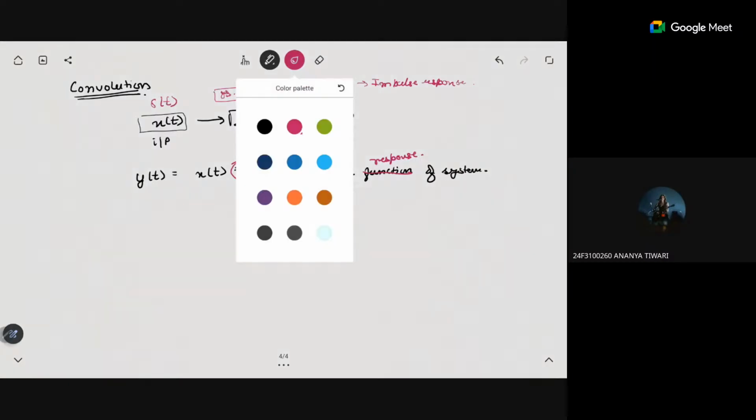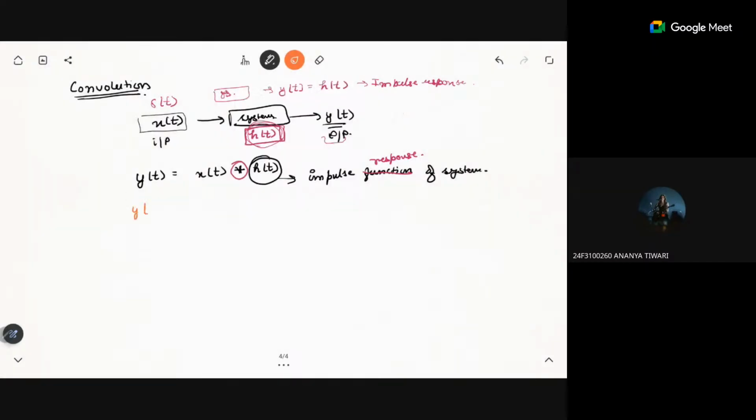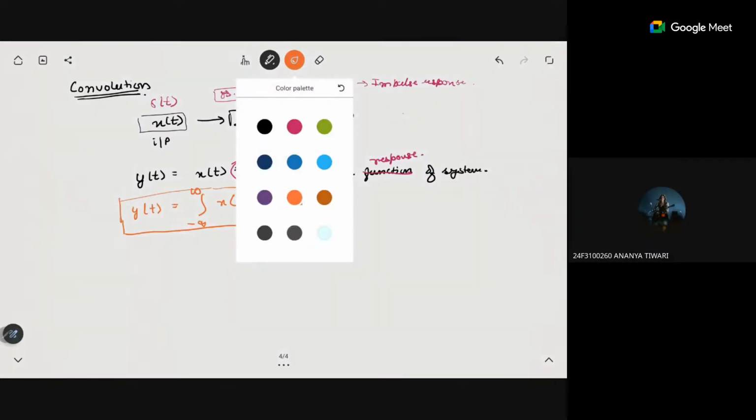Another way of writing it is y of t equals the integral from minus infinity to infinity of x of tau h of t minus tau. So basically convolution is this. It involves some steps, so look at them very carefully.